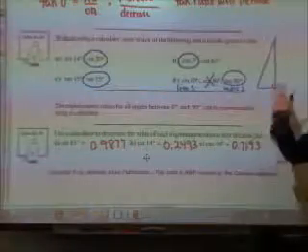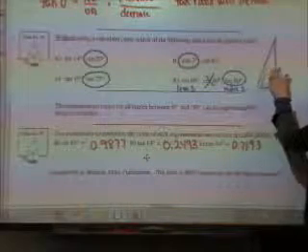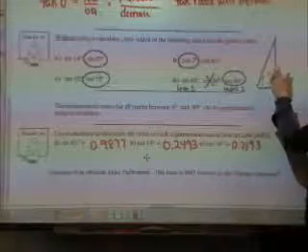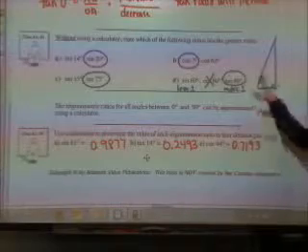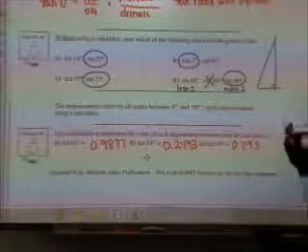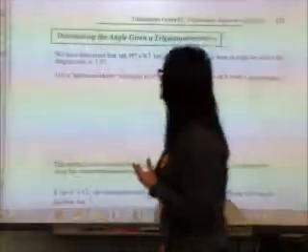My 81-degree triangle is a fairly steep triangle, which means these two measurements are going to be close to being the same, so this number is going to be close to 1. That's the purpose behind investigating this: to understand what happens to the values as I move from a small angle to a large angle.